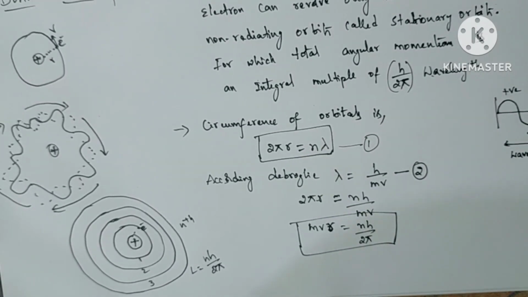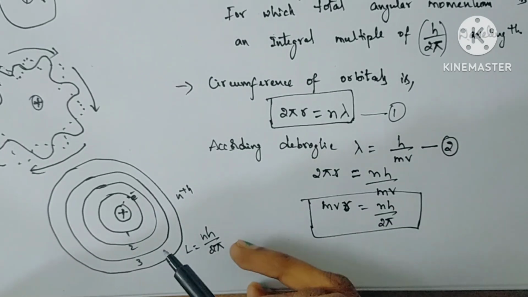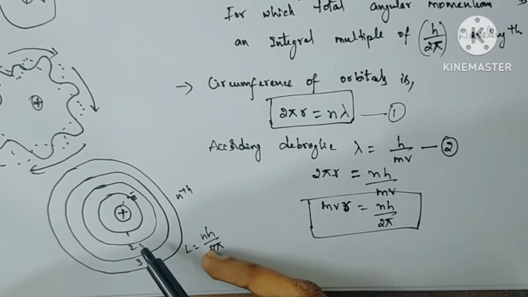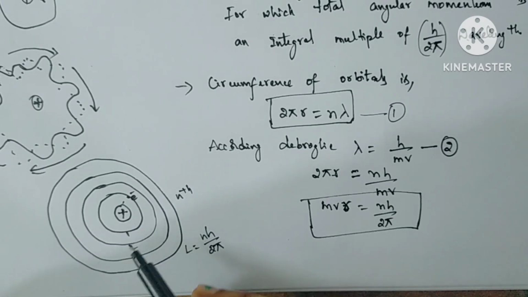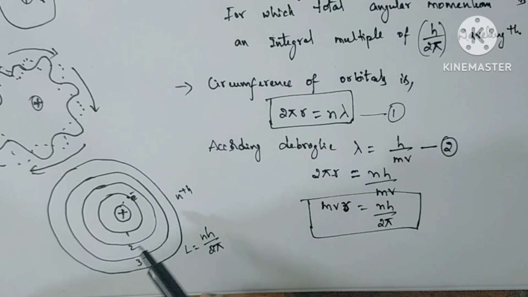Whenever we want to check the first orbit, we need to check whether the angular momentum nh by 2 pi is satisfied or not. If it is satisfied, then only the electron can revolve in that particular orbit.